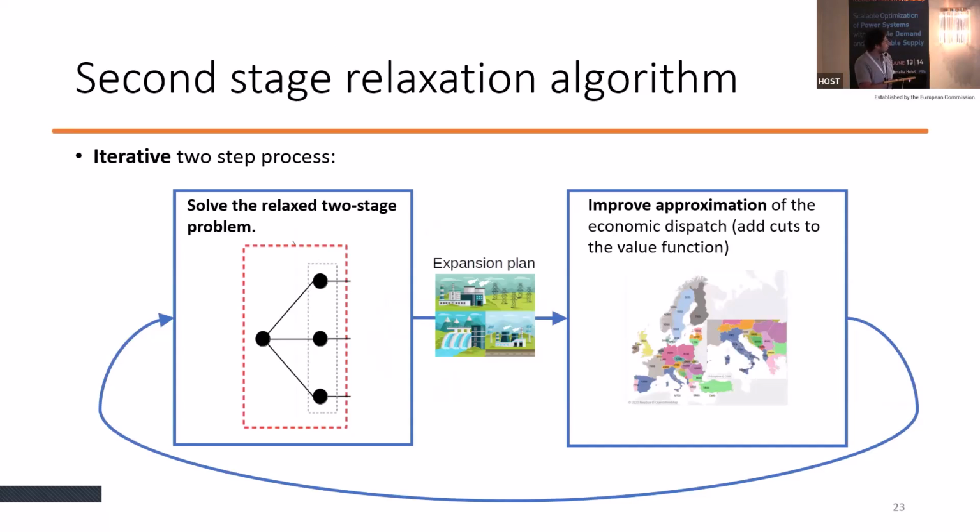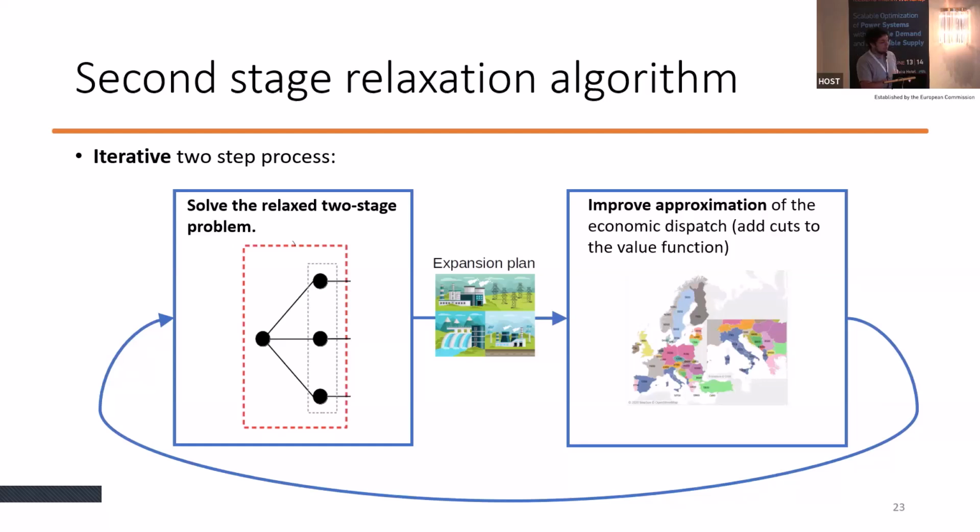Just remember that this is the minimization of investment costs plus the 4-day operational problem plus the value function. We solve this problem using one of the standard techniques. As an output of this step, we obtain a candidate expansion plan, a trial expansion plan, which of course is not going to be optimal at the beginning, because here we have a relaxation.